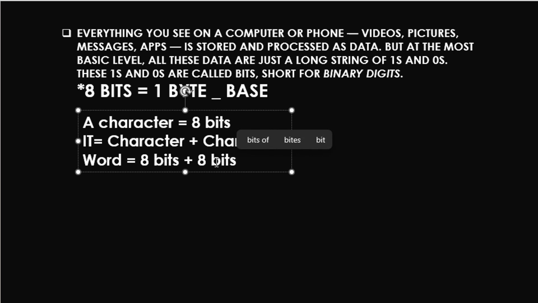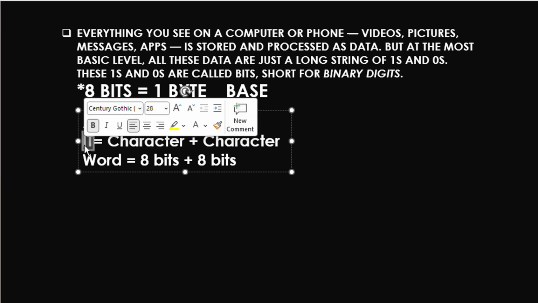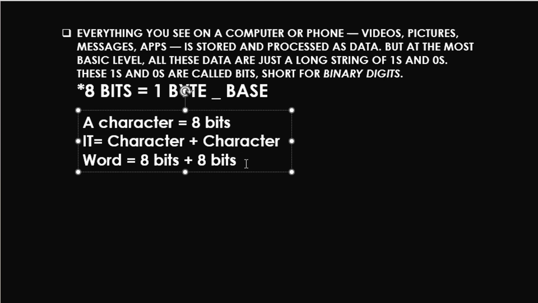So before you are able to store a word, you need 2 times 8 bits, which gives us 16 bits. Before you are able to store a word, you need 16 bits of data.